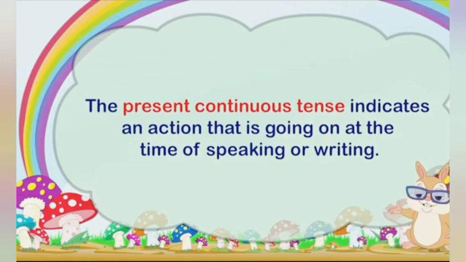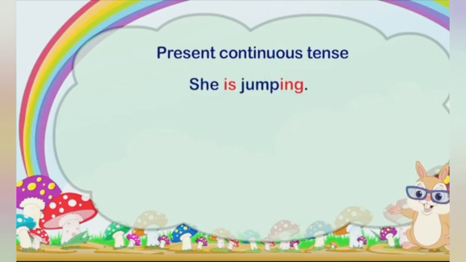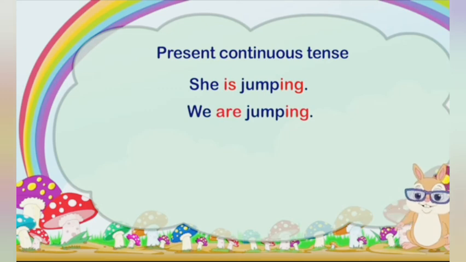The present continuous tense indicates an action that is going on at the time of speaking or writing. For example, she is jumping. We are jumping. I am jumping.